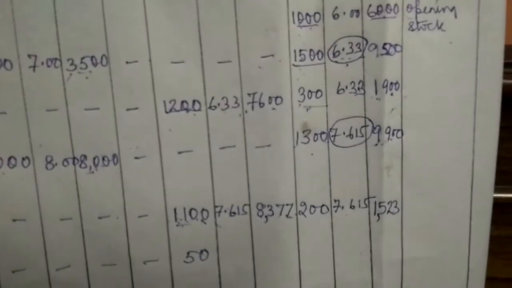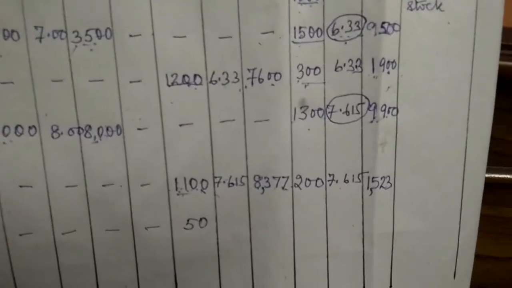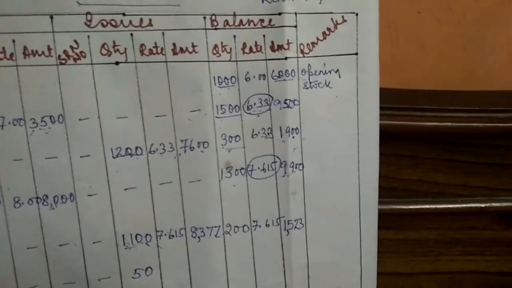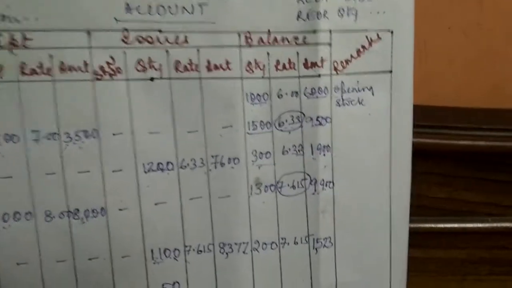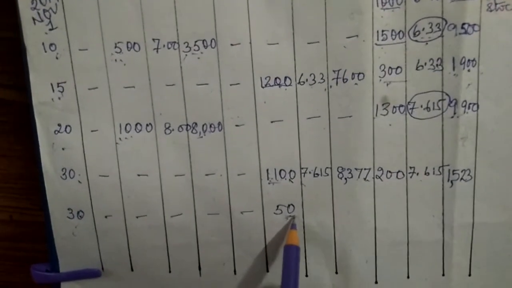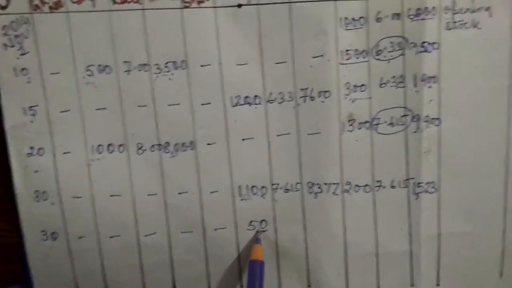Now, in the question, you will see one important thing is given. What is that? That is, on 30 November, a shortage of 50 units was found. On 30 November, how much we are getting a shortage? 50 units means 50 quantity of material is still there, that has to be issued.